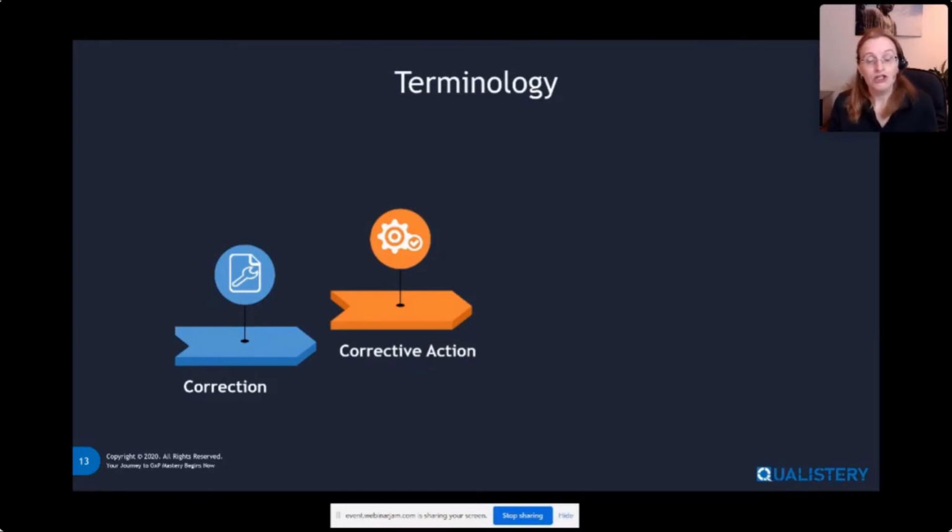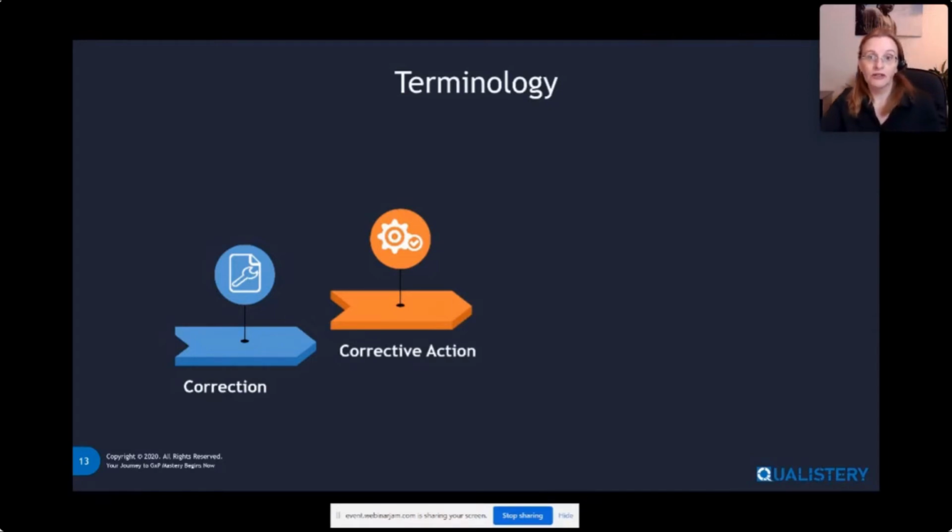Okay, so that doesn't necessarily need to mean that it hasn't gone wrong in a particular area. And this is where so many, even experts, get confused here. They will say, well, it says it's a corrective action only in the area that it's gone wrong.